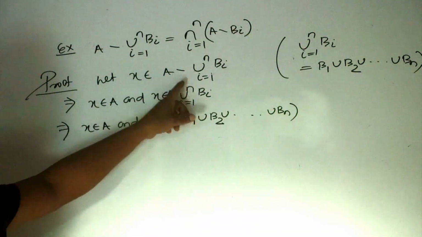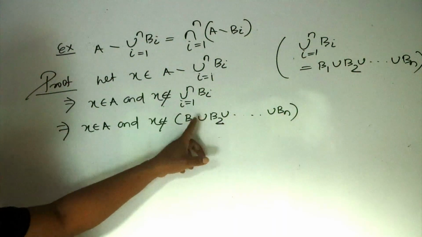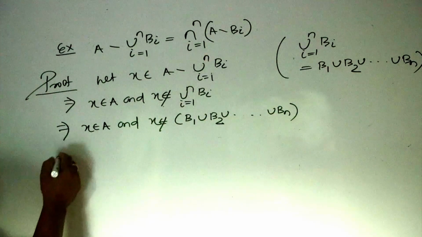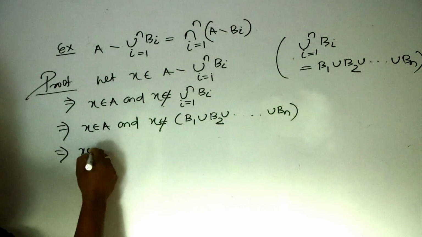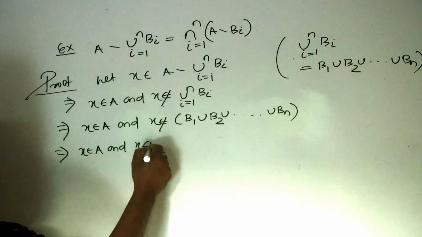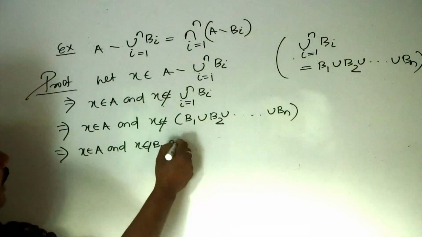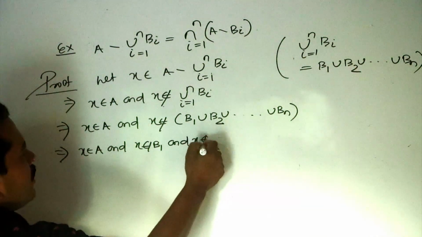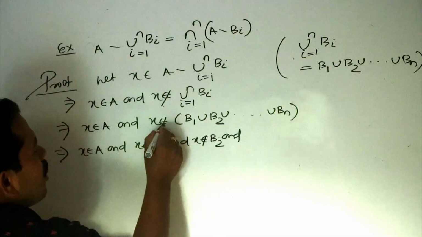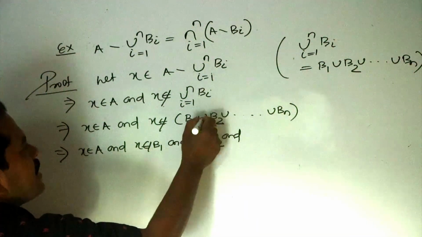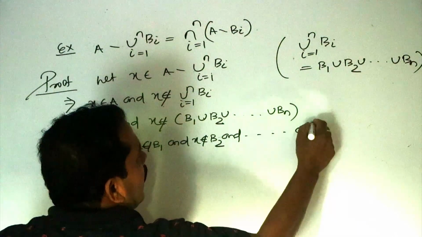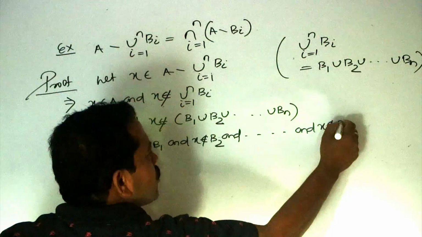Union i from 1 to n Bi we write as B1 union B2 union dot dot dot union Bn. This implies X belongs to A and X does not belong to B1 and X does not belong to B2, and since it does not belong, we write and instead of or, dot dot dot and X does not belong to Bn.